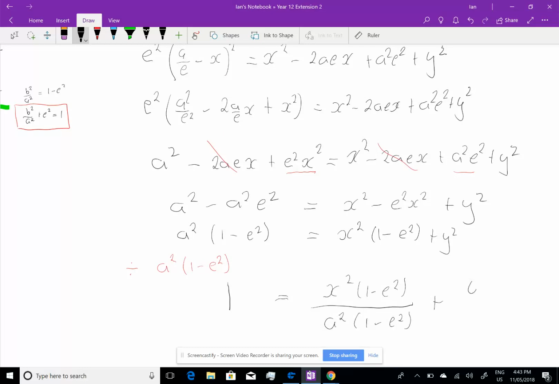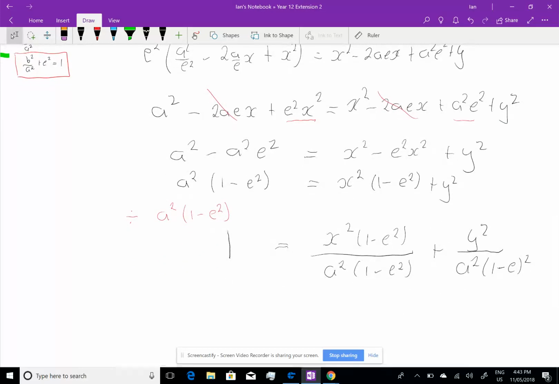And here, I'm going to get y squared on a squared 1 minus e squared. Okay, so 1 equals, watch this, 1 minus e squareds go, and I get x squared on a squared.